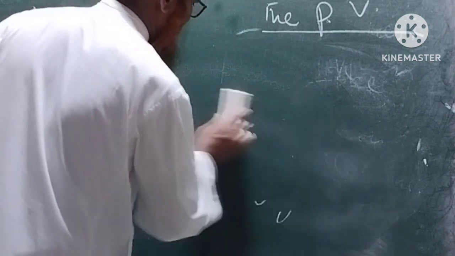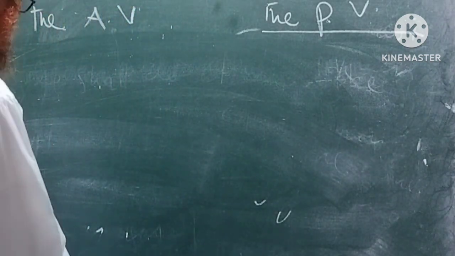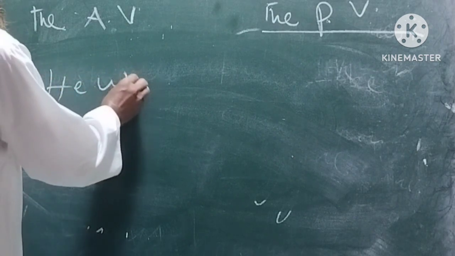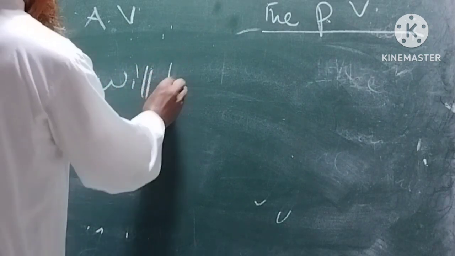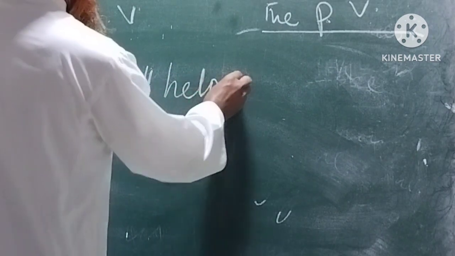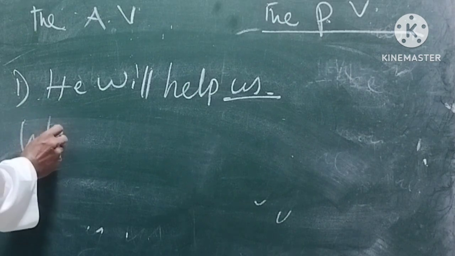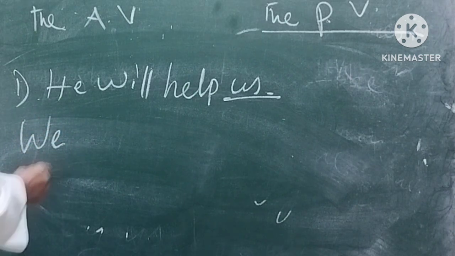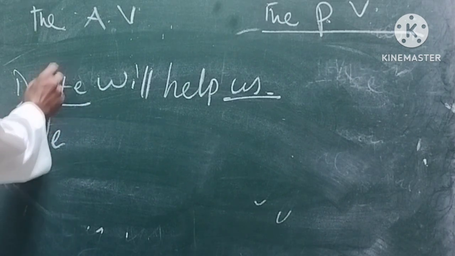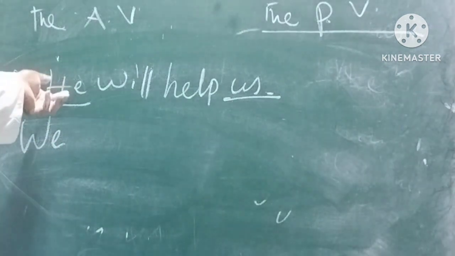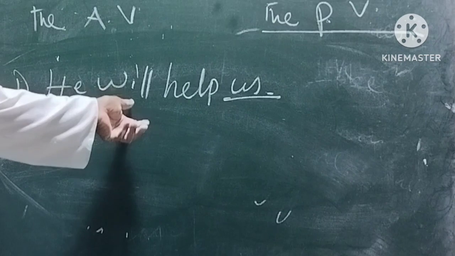Another example of shall: He will help us. Us will become the subject and it will become we. Here, he is third person singular number, that is why will is there.